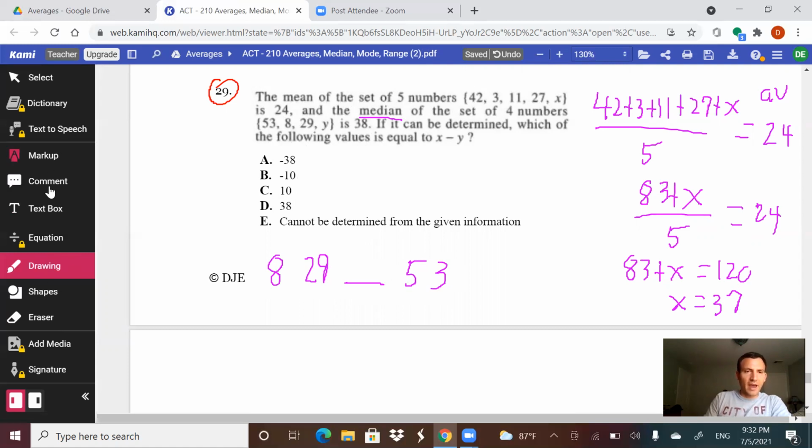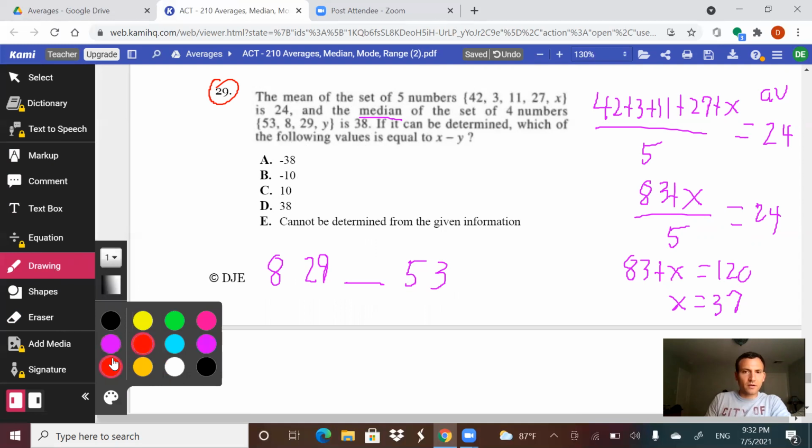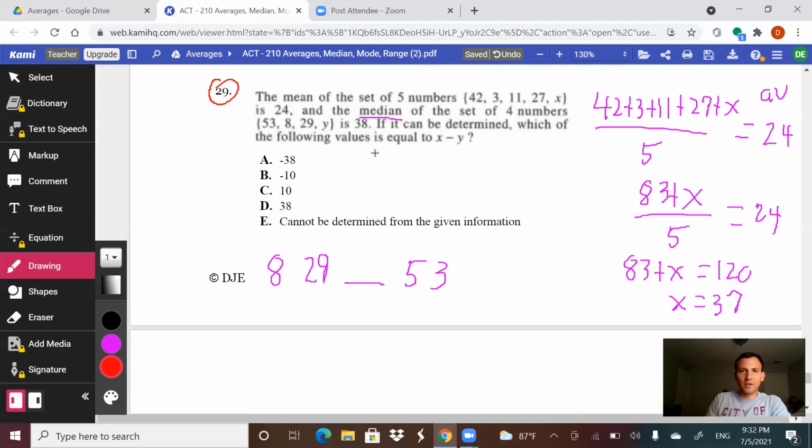Well, if I'm going to get an average of 38, that means that 29 plus this number divided by 2 has to be 38. You can solve that, but I'm just thinking kind of logically. 29 is 9 below 38, so the other number is going to have to be 9 above 38, which means it's going to have to be 47.